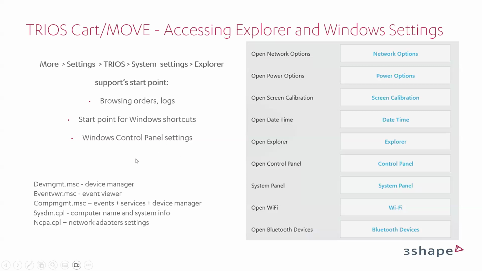You may also use some short commands, like the one for device manager, then event manager to check the event log file, typing in the command. Then you can check the computer name and system details, and if you need to check your network adapter settings, you can type in ncpa.cpl and check the network settings there.